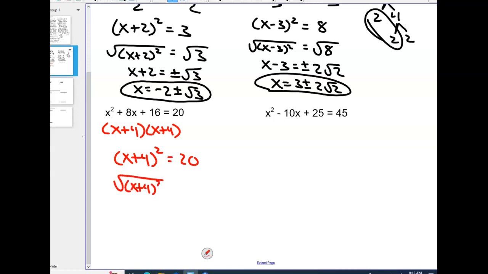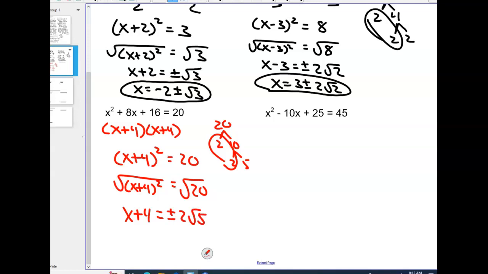X plus 4 squared, square root of 20. That means we get x plus 4 without the exponent, and my 20 simplifies to 2, 5. So plus or minus 2 root 5. Finish the problem. We subtract the 4 over. Negative 4 plus or minus 2 root 5.